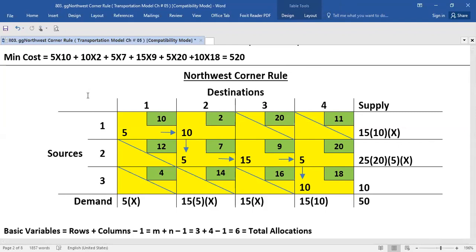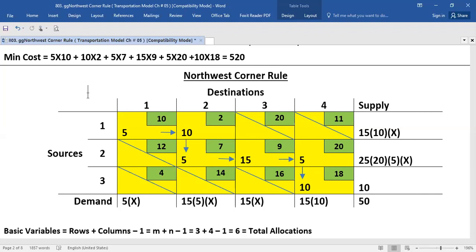And in the end, I always tell my students what would be next. Our next lecture will be when the model is not balanced. If supply is not equal to demand or demand is not equal to supply, then what will we do?